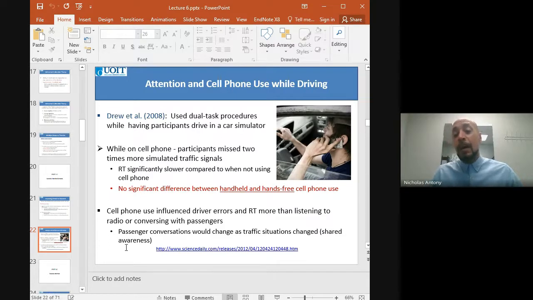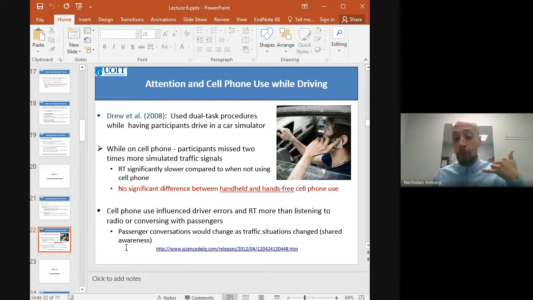It's because when you are with someone in a car, you're both observing the same environment. If someone ran from the car, or a stop sign came up, or you had to react to an accident, you both have shared awareness of the environment. And so you both would react. So if something happened, you would stop talking and focus on that.